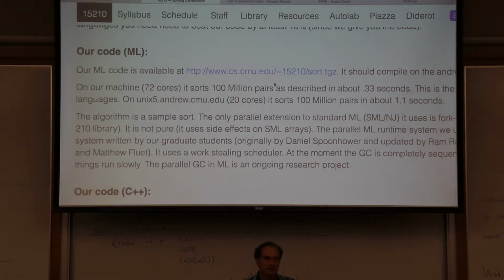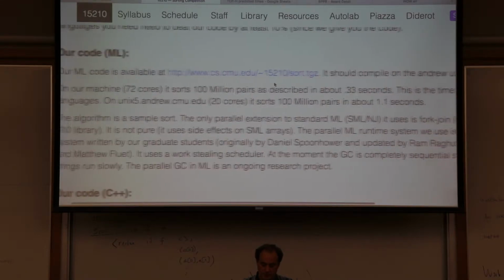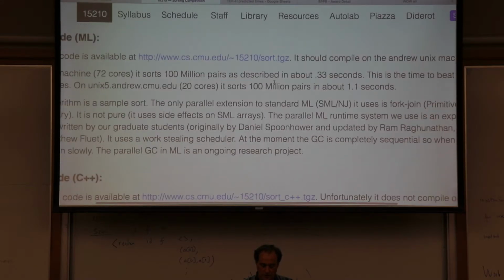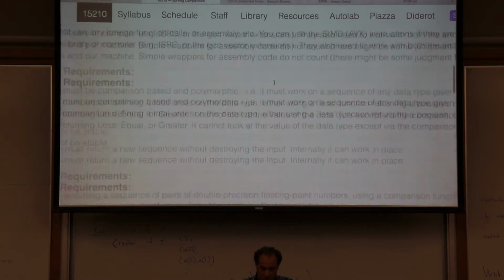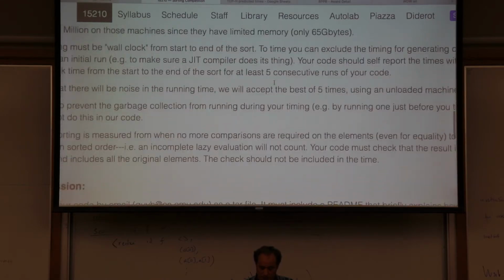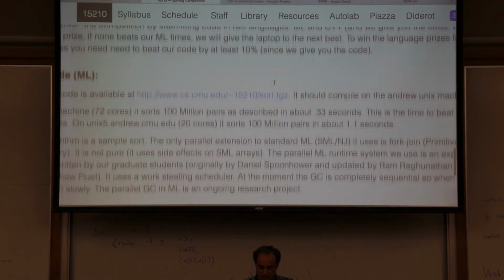Java can't unbox pairs. Semantically, it's not allowed to. So we then tried it with just floats, and theirs ran in about 0.6. So it's still slower, but at least it was more reasonable. It turned out that the winner, the one that came closest to ours, which was still not nearly as fast as even the ML.